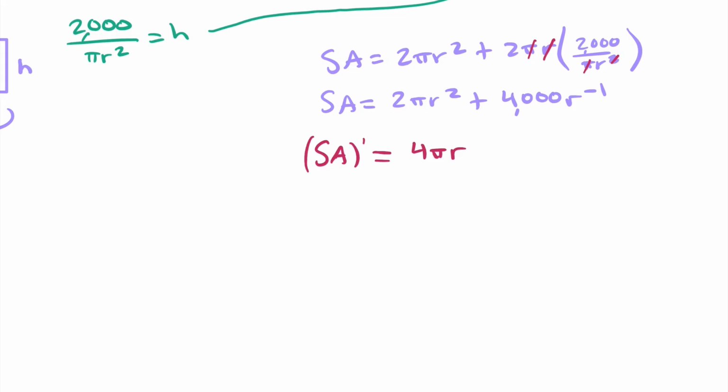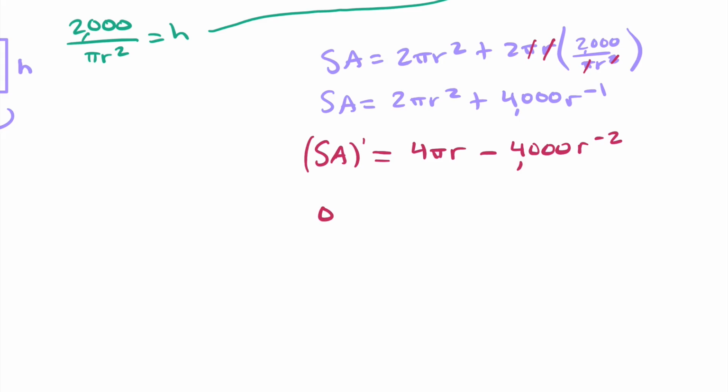We're not dealing with time. We are not dealing with another variable in question. This is derived with respect to r, which is another reason for substituting in for that variable. This is not a moment, this is all moments in time, not a changing moment in time. So we get 4 pi r minus 4,000 r to the negative 2.